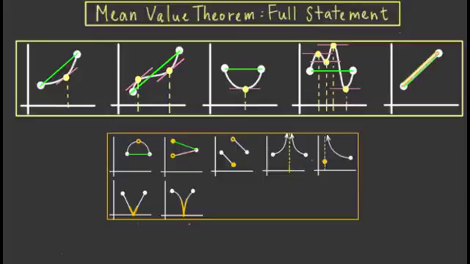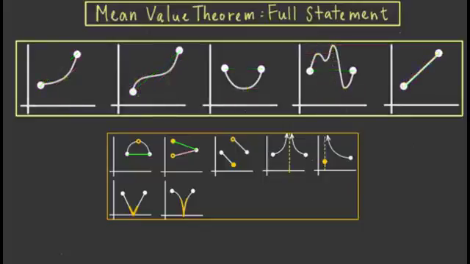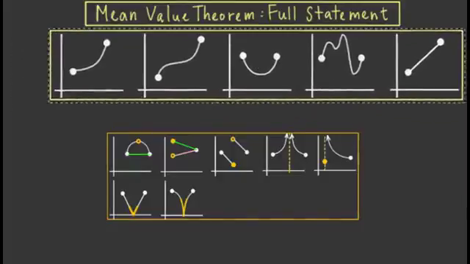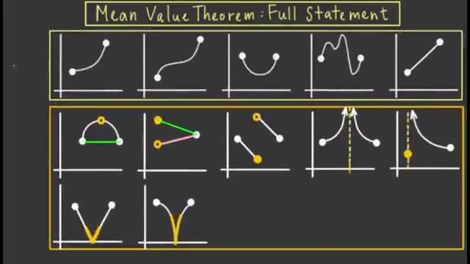What do all these graphs have in common? Well, all of these graphs are continuous and differentiable. Let's return to our question. What condition on a function will guarantee that the MVT conclusion holds?